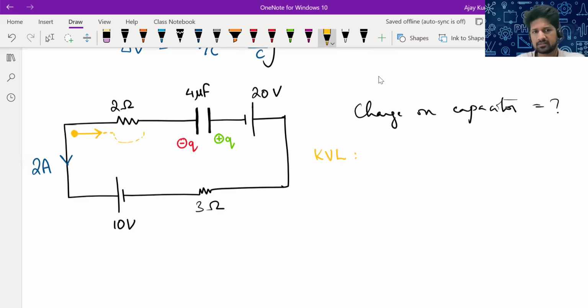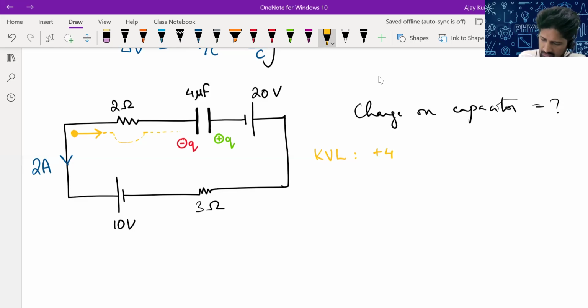But why minus? Which way is current flowing in that resistor? To the left or to the right? To the left, sir. You are moving to the right, means you are moving opposite to current. When you are going opposite to current, you should take plus IR. Okay, so it will be plus 4.